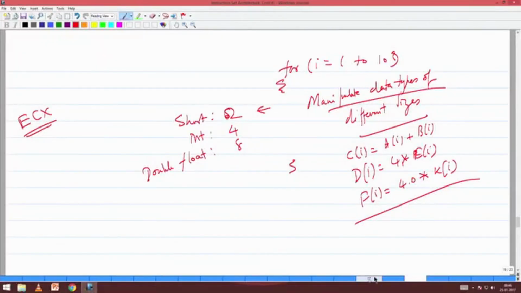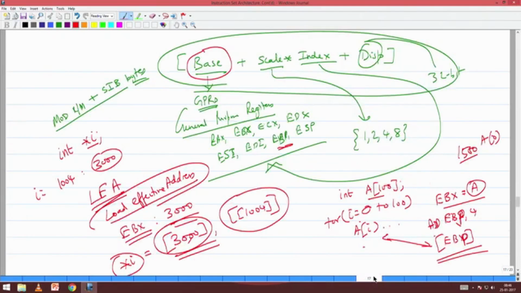So, normally ECX will go, and like what we did in one of the earlier examples, I do not want to keep modifying the TBP.